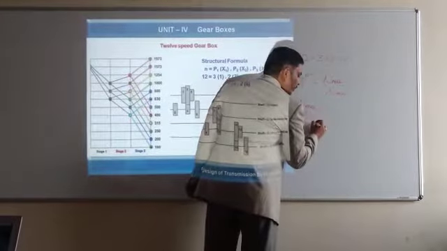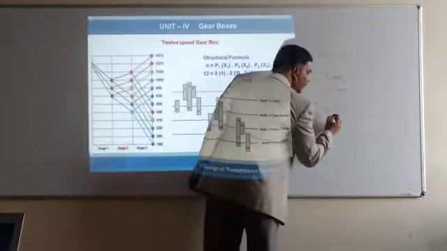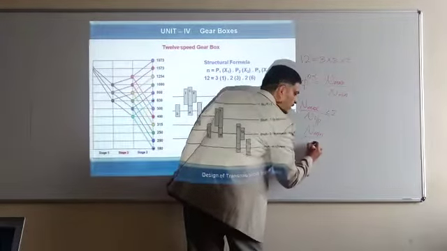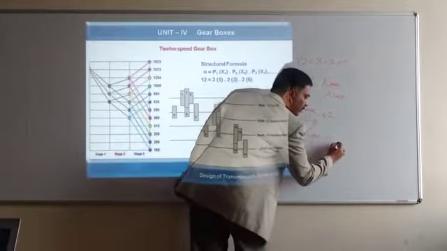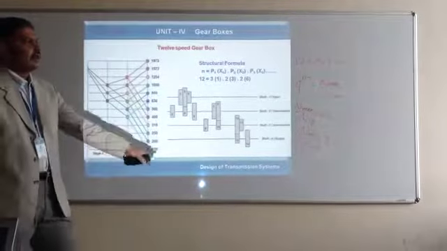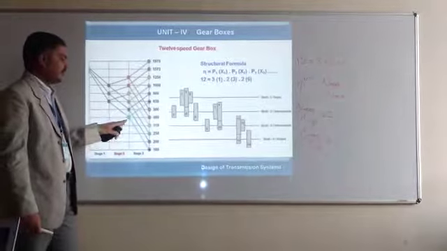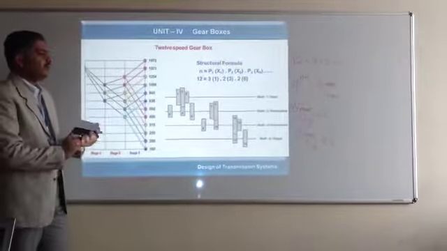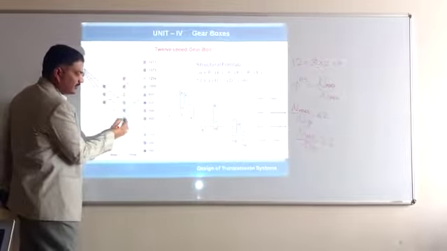In between, considering this one as maximum and this one as minimum, we have to find one input speed between these two maximum and minimum speeds. We have a relation for that, stating n max by n input should be less than or equal to 2, and n minimum by n input should be greater than or equal to 1 by 4.